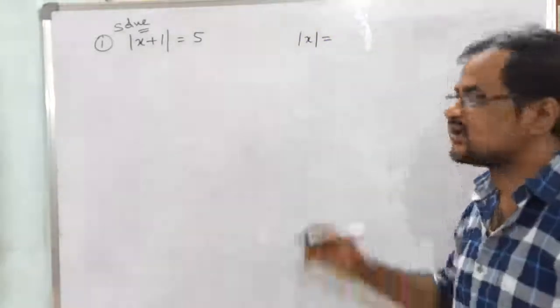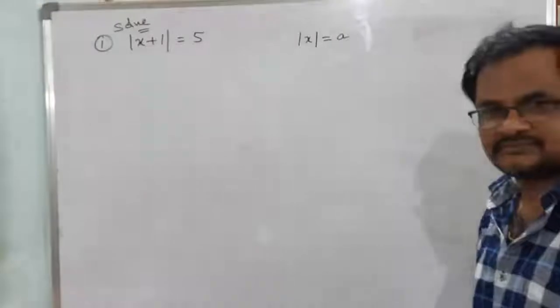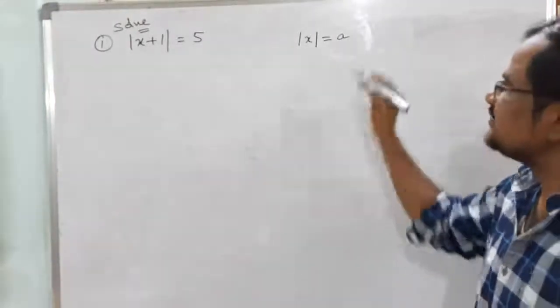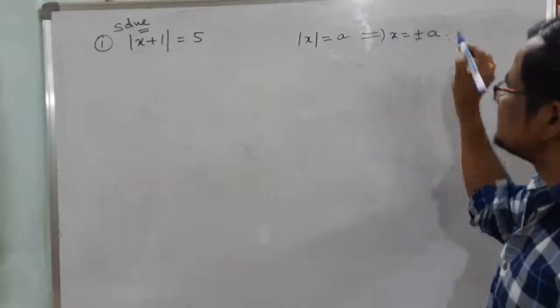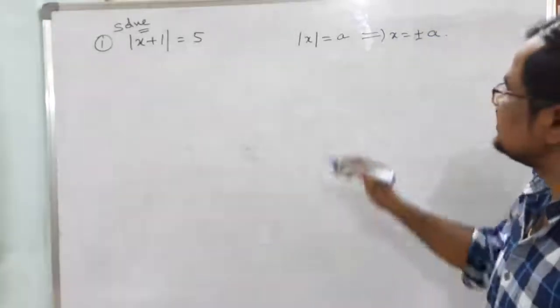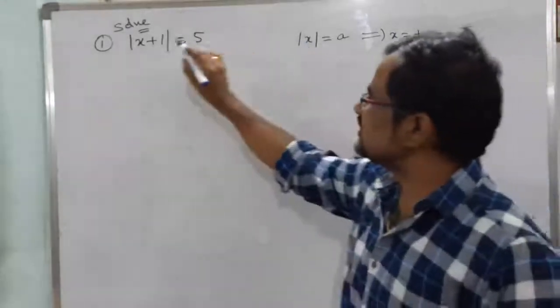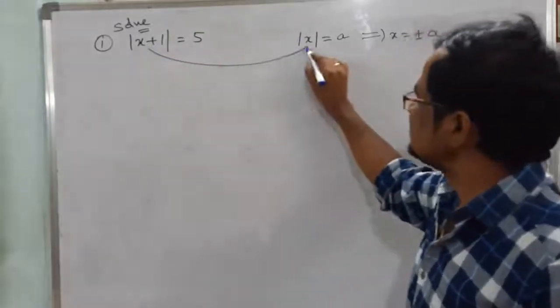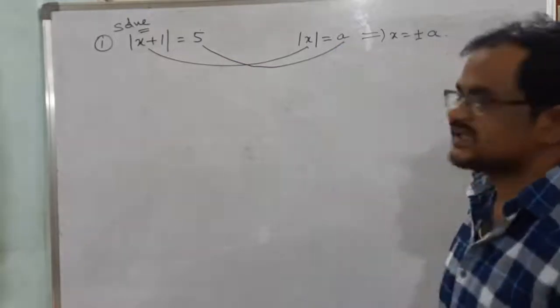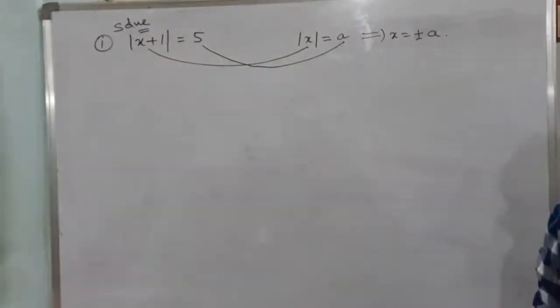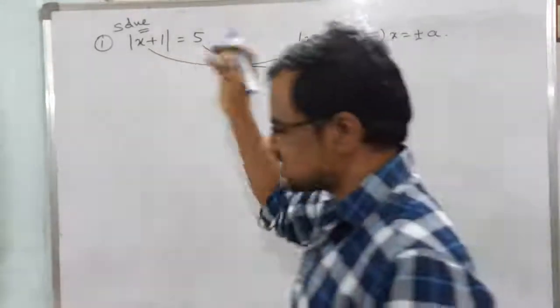Mod x equal to a means x equal to plus or minus a, right? So here in place of x, x plus 1 is there. In place of this a, 5 is there. Okay, so same condition applies here.